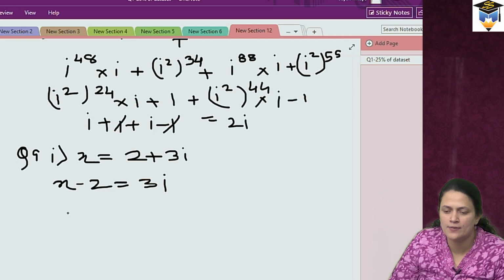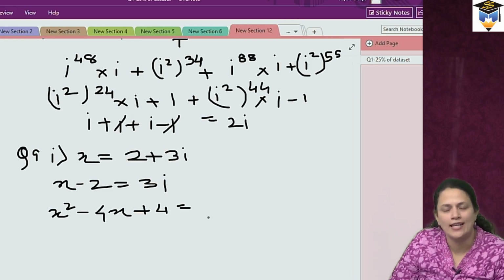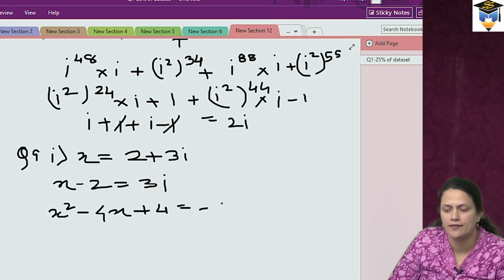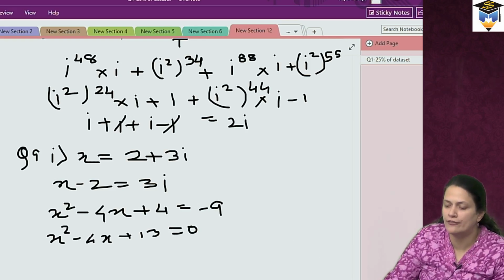So a minus b whole square is a square minus 2ab plus b square, that is equal to 9i square. 9i square is nothing but minus 9. So now form a quadratic equation, x square minus 4x plus 4 plus 9, that is plus 13, is equal to 0. Now I am going to show you how to do the division.